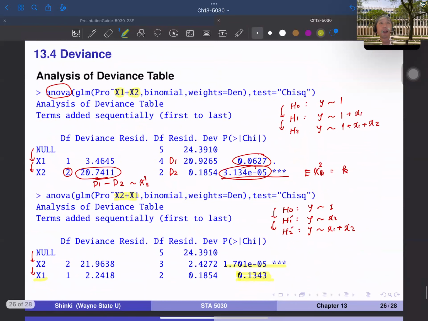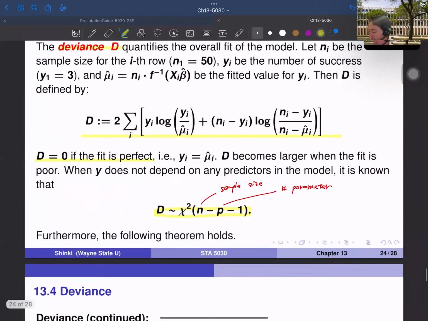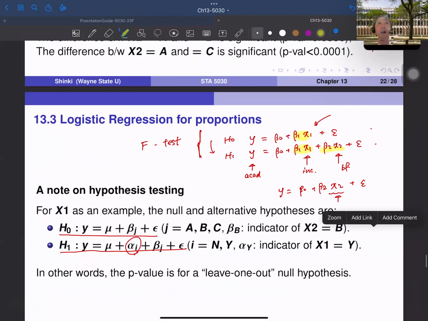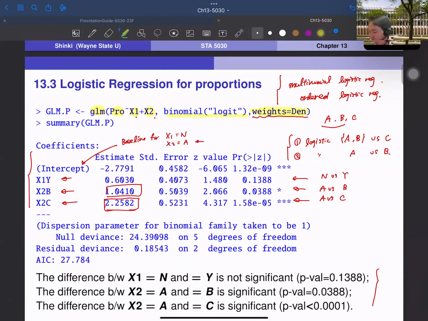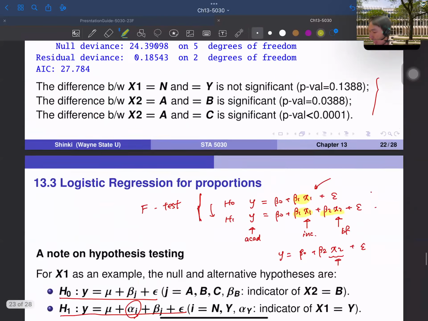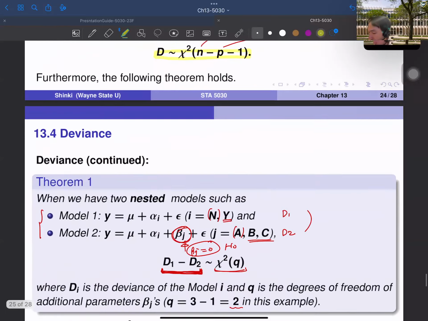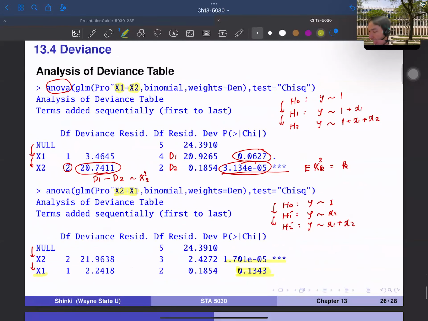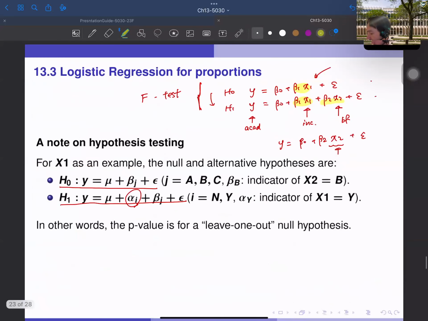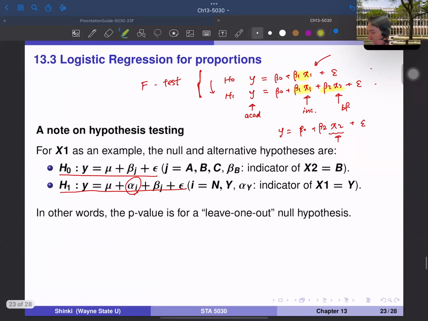The previous slide, which slide? 25, maybe 24. INC. 23, slide 23.